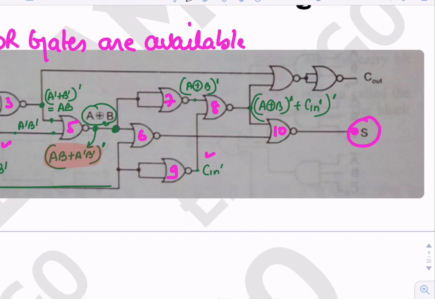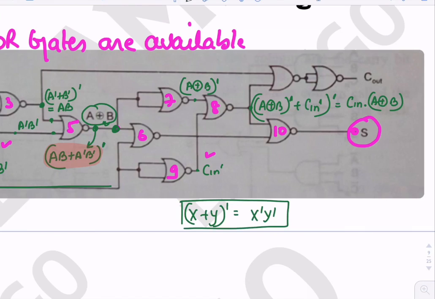If we write it, then we will get Cin multiplied by A XOR B. As we know that (x plus y) whole conjugate is equal to x conjugate y conjugate, that is the property I am applying. I am just trying to prove that this is Cout. There is no issue that this is sum because there are two XOR gates connected in series.